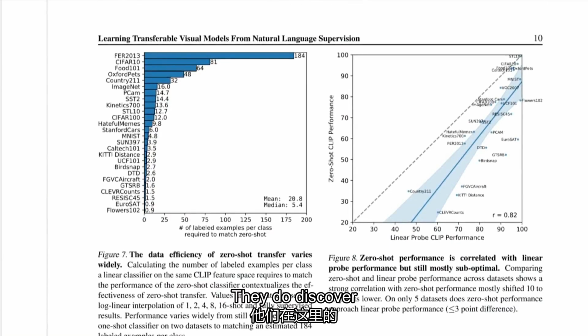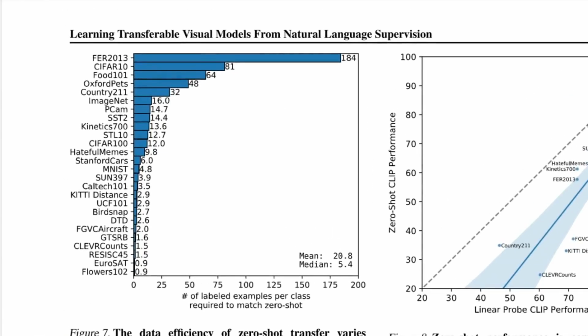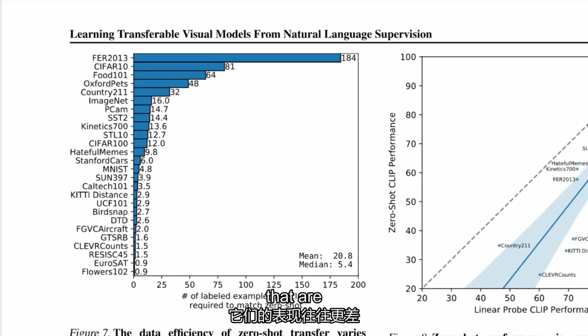They do discover in various experiments here that it is very, very different from dataset to dataset how this model performs zero shot, and how it performs versus linear probing. They find that very often in some datasets that are far away from natural images, they perform worse.